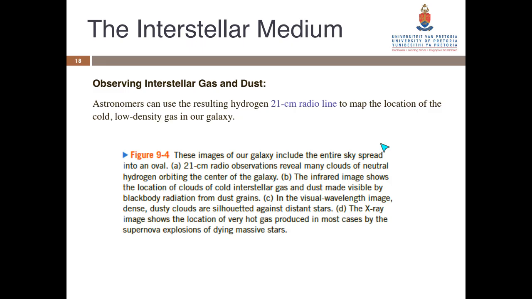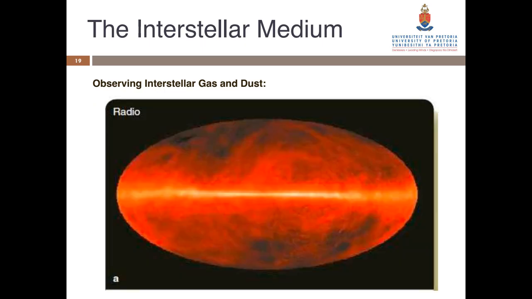So astronomers can use the resulting hydrogen in the 21 centimeter radio line to map the location of cold, low density gas in our galaxy. So when we look at our galaxy, and if we point our telescopes to the center of our own galaxy, we get this image. Here we can see a radio image.